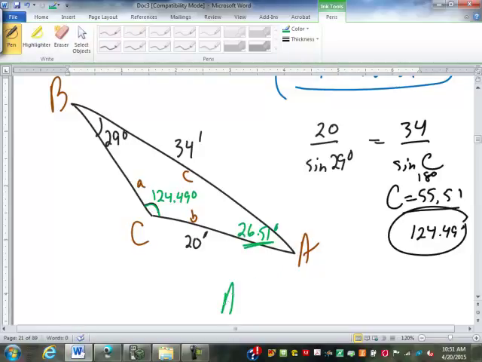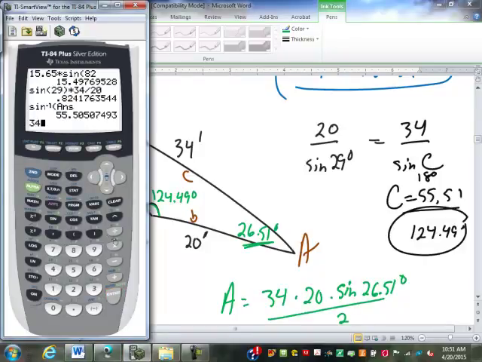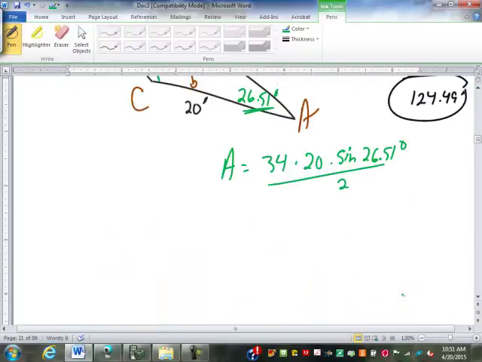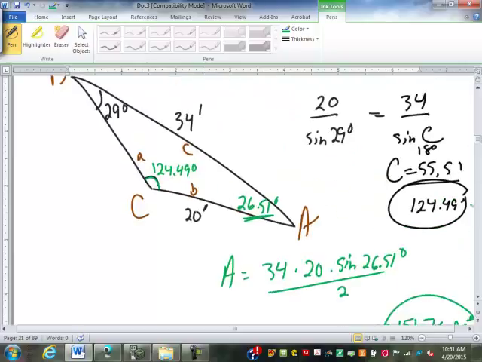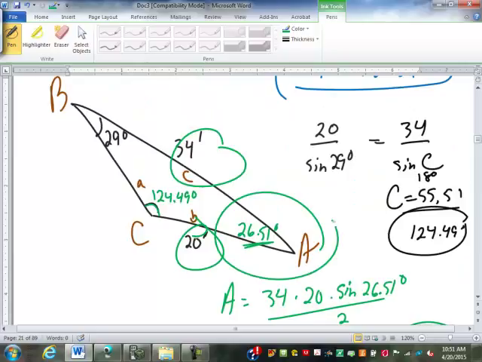So now the area, 34 times 20 times the sine of 26.51 degrees, all over 2, giving us 151.76. Because that is the one that was between my two sides. I got this side and this side, angle is between.